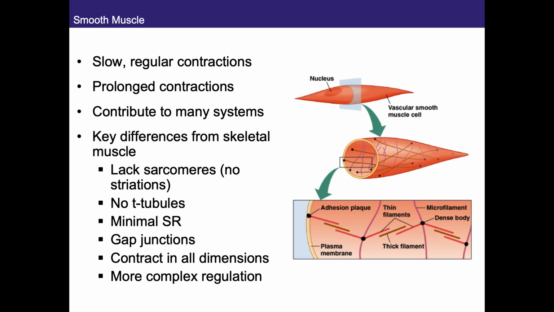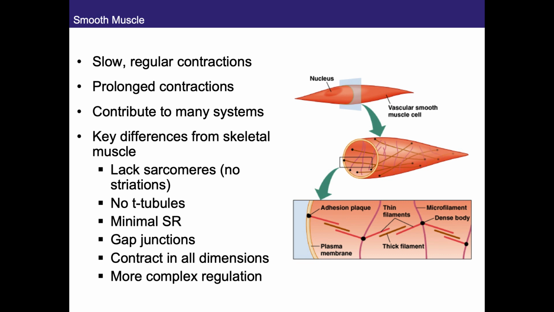Now, there are some key differences with skeletal muscle. They're not organized in sarcomeres. Remember, these aren't striated muscle. They do not have T-tubules. And they have very small, minimal sarcoplasmic reticulum. With that, a lot of calcium comes from the extracellular space as well as internal stores.